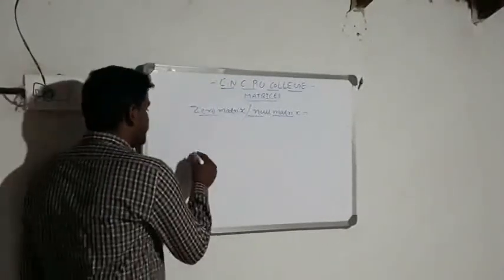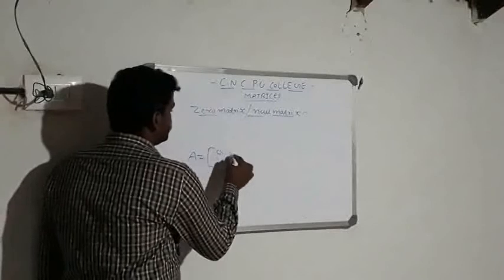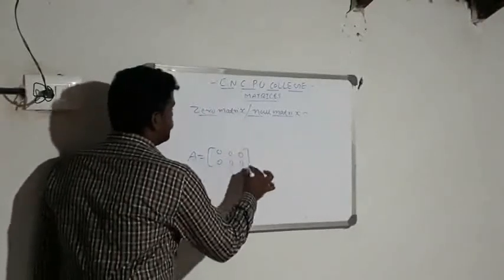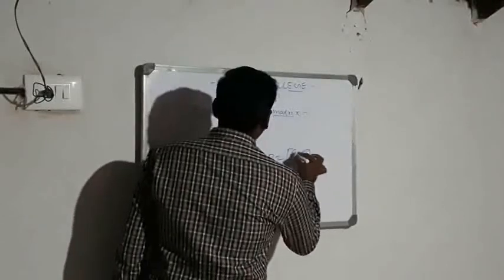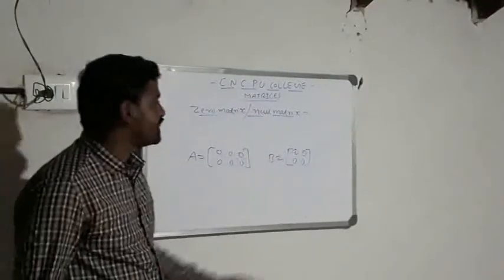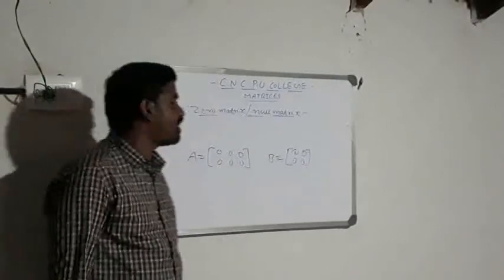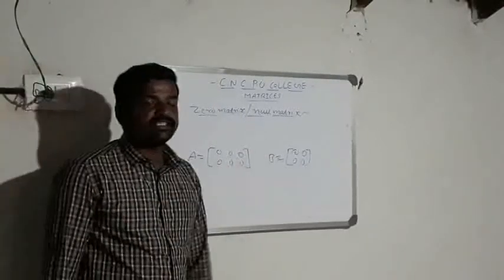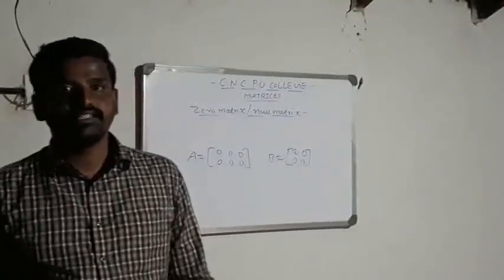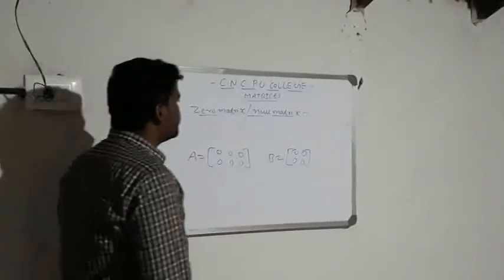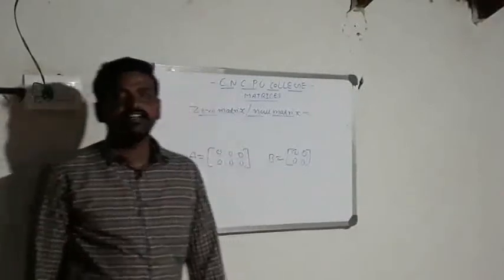For example, it may be of any order: 0 0 0, 0 0 0. First one is 2 cross 3 order, second one is 2 cross 2 order. This is called a zero matrix or null matrix.